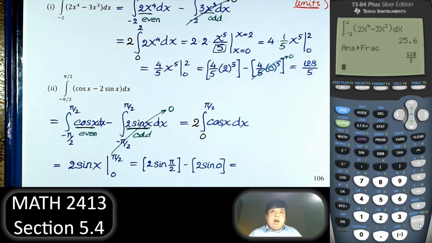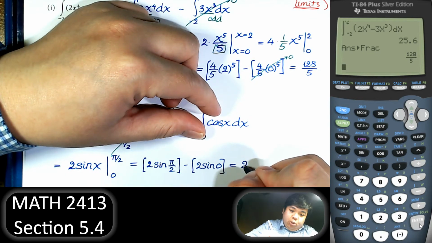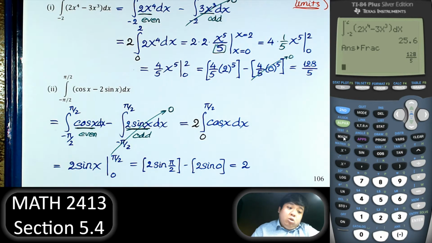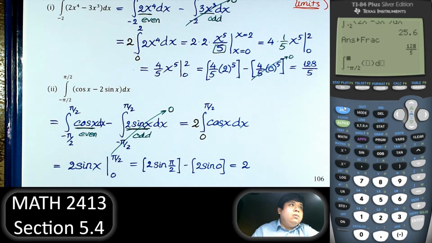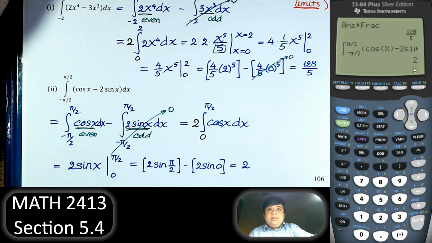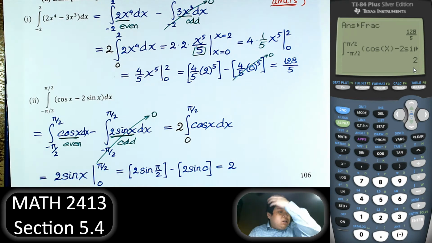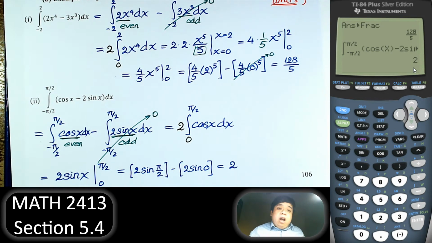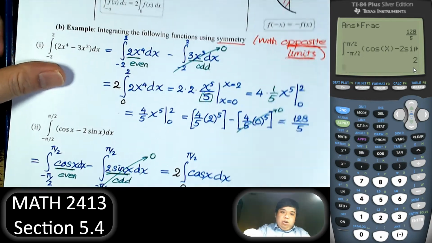Sine of 0 is 0, sine of pi over 2 is 1, so this is just 2. And of course we can check the answer. It's good. It's nice and all, but notice that the limits have to be opposite in order to do this.